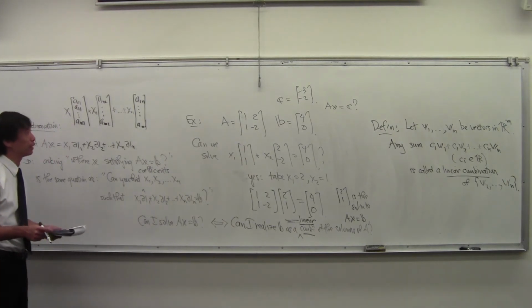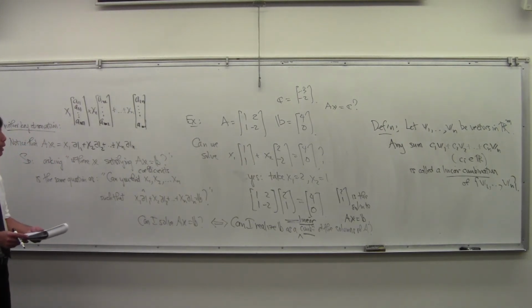Can you realize -3, -2 as a combination of the columns? Try it for 1 minute and see if you can get an answer.